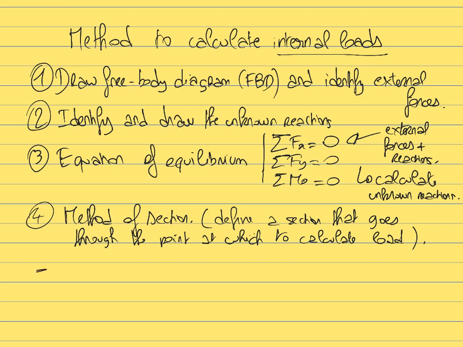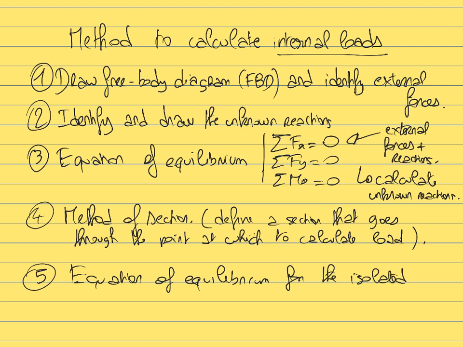And once you have used this, then you move to step 5, which is that now you will isolate one region on one side or the other of the section, and you will write the new equation of equilibrium for the isolated subsection of the member.